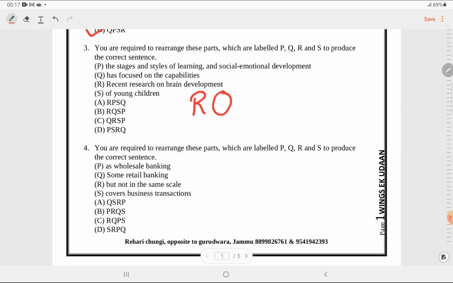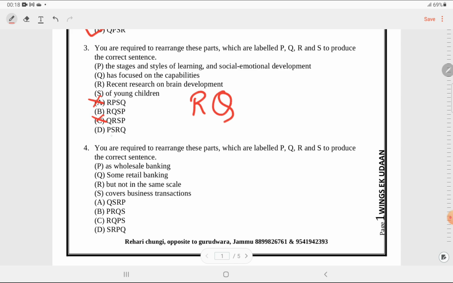Yes, after R, Q should come. I got a chain: R is my first sentence and after that Q should come. So R and Q. Do we have it in A? No. Here also R, Q is not there. We have it in B and we have it in D.